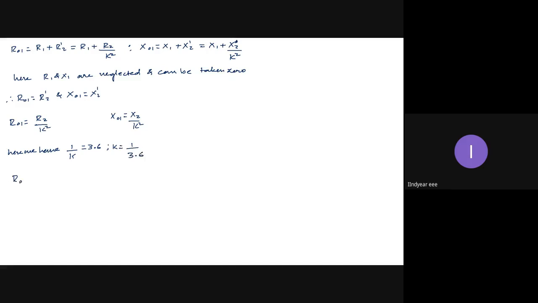Therefore, R01 is equal to R2 divided by (1 over 3.6) square, that is nothing but 3.6 square into R2. So R01 is 3.6 square into 0.1, which is 1.296.